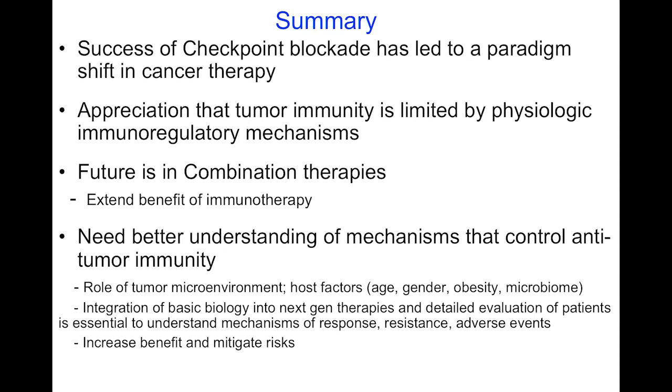We need to understand the tumor microenvironment deeply to understand how host factors such as age, gender, obesity, and the microbiome impact anti-tumor immunity and therapy, and to integrate an understanding of basic biology into the next generation of therapies.